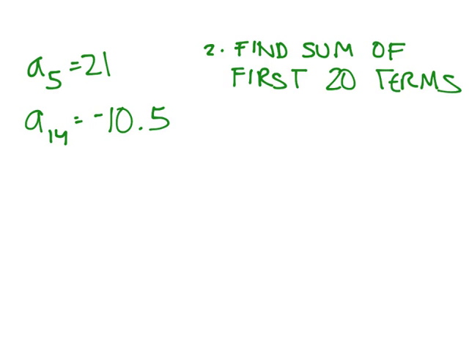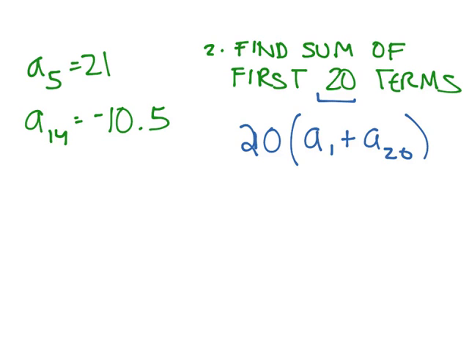So going to our equation, we have the number of terms, that's 20, times the first term plus the last term in the sequence over 2. But we don't know the first term or the last term. So what do we have to do first? We have to find the first term and the last term, and for that we have to find D.